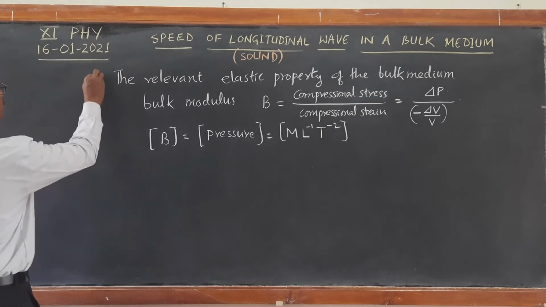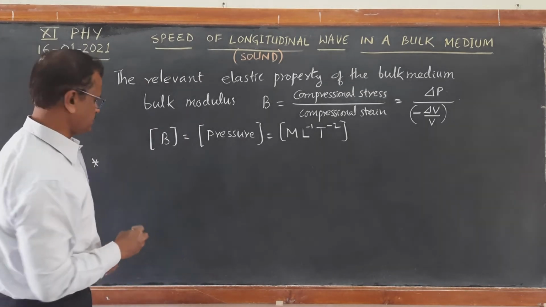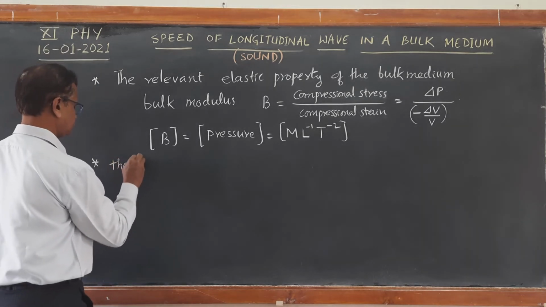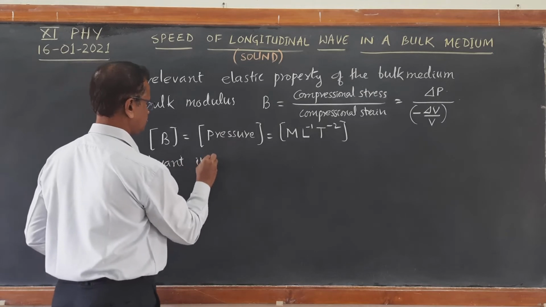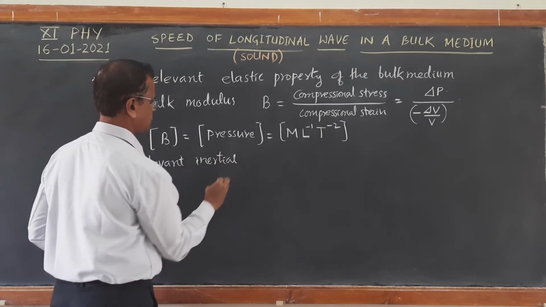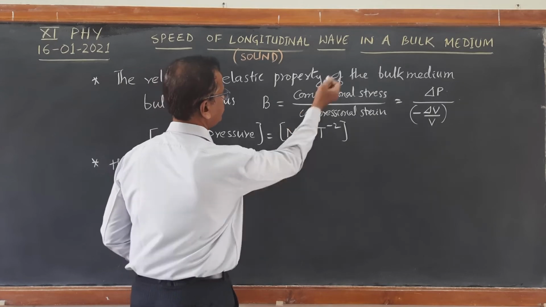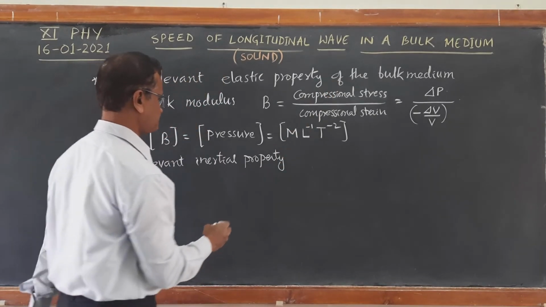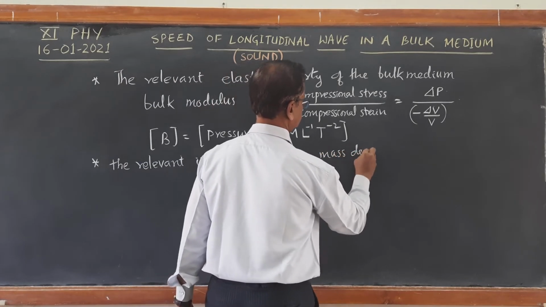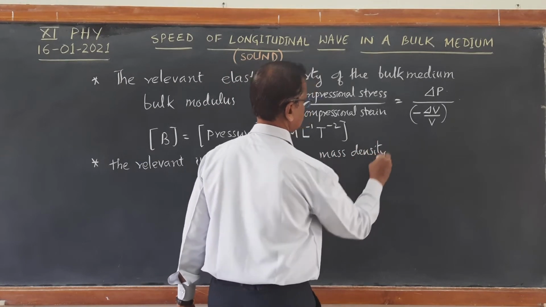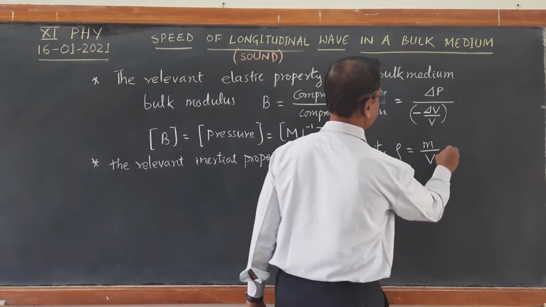Then the relevant inertial property here is mass density. The inertial property of the medium is mass density, rho equal to mass per unit volume.